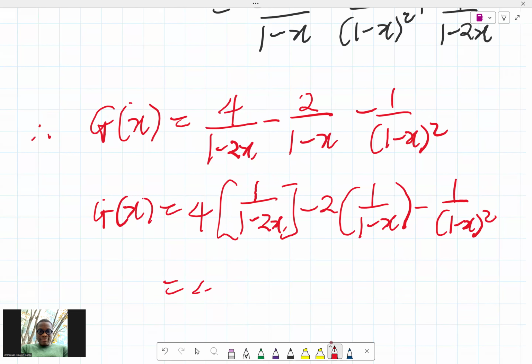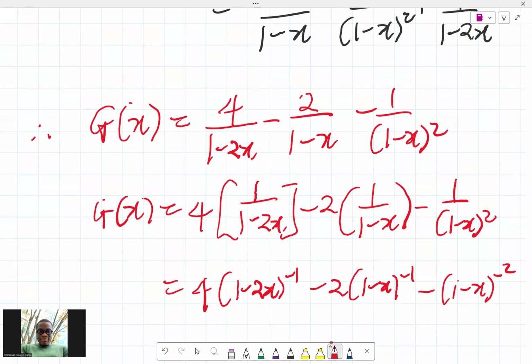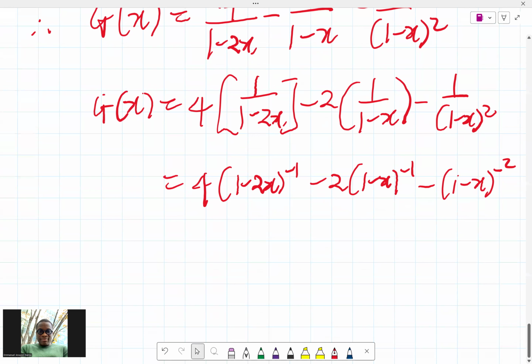So we can rewrite that as 4 into 1 minus 2x raised by minus 1, minus 2 into 1 minus x raised by minus 1, minus 1 minus x raised by minus 2. So we can do all of those expansions one after the other. So let's try.